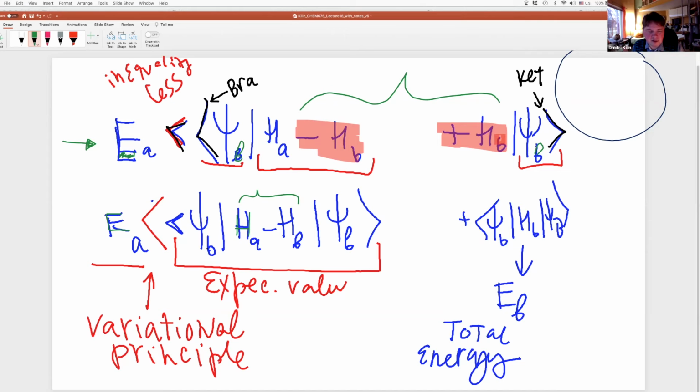Psi B is a corrupted wave function, which is not ideal, which has some increment. And here is an additional term, which has HB with wave function psi B. So I didn't violate logic here, right? I just recast the variational theorem and then added and subtracted a term.